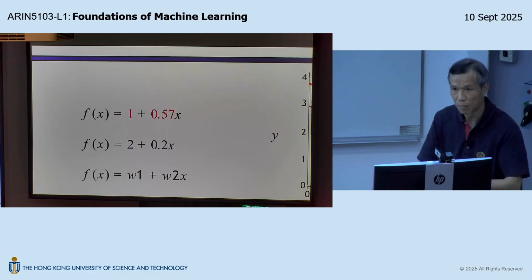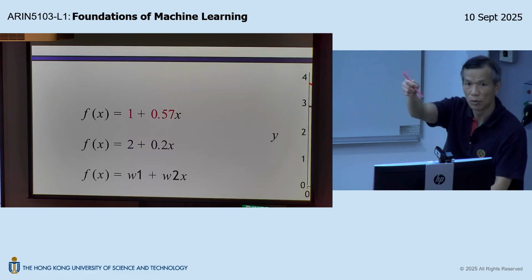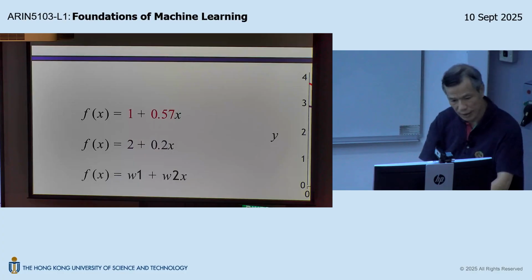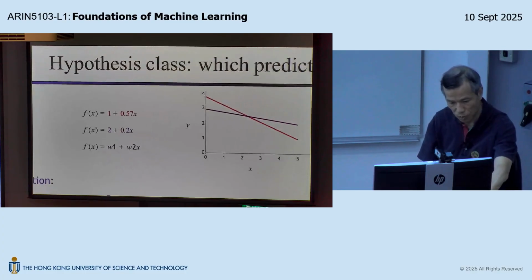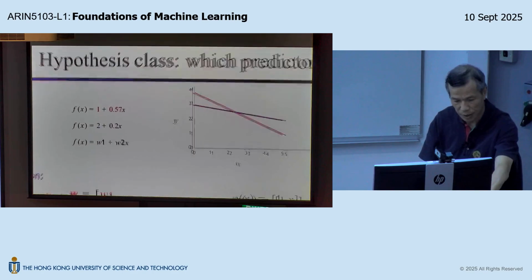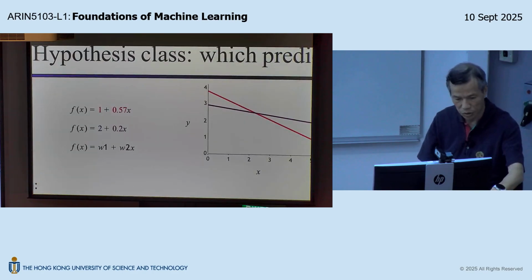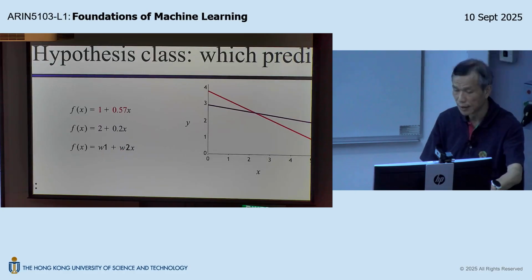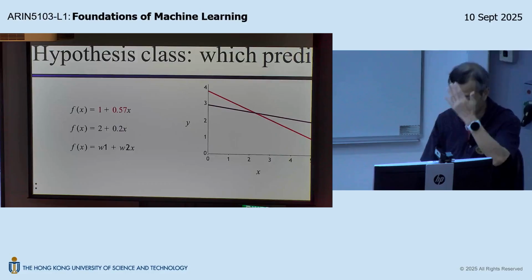The slope basically controls the angle, and the intercept controls the shifting up and down of the line. So you specify the slope and intercept, or you change the slope and intercept. For example, you change this to this, and you will get a different line. More generally, you have two parameters, W1, W2. You can vary these and you will get an infinite number of lines.